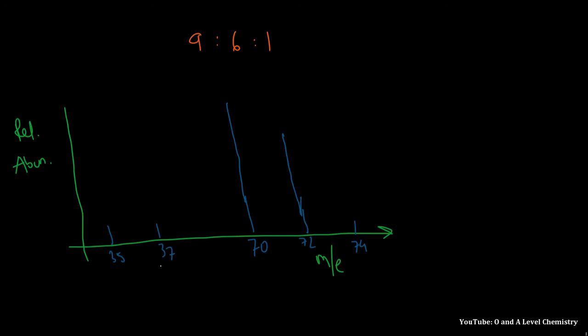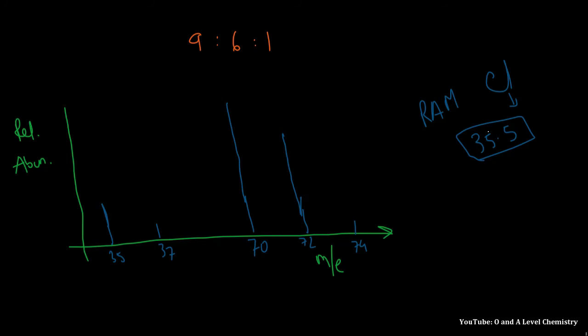Notice that the relative atomic mass of one chlorine is 35.5, but that's the average. We'll never see an average mass in the mass spectrometer because we see the mass of each individual isotope. So we're going to see the peaks at 35 and 37. 35 has a higher abundance than 37, so it's going to be a little bit taller than 37.